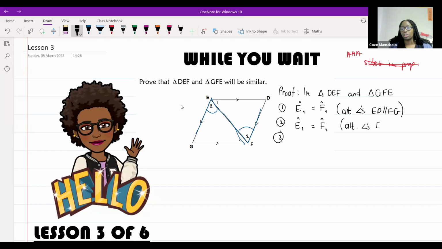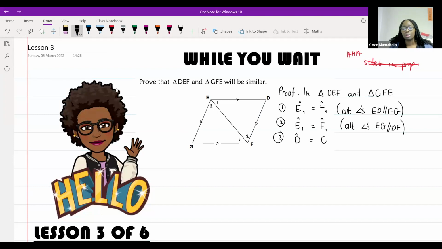And I'm going to have to name my parallel lines. So in this case, EG is parallel to DF, right? And we said in any two triangles, if two of the angles are equal to each other, we automatically know that the last pair of angles is going to be equal, because of the interior angles of a triangle. So I can then say that angle D is equal to angle G. Actually, I need to do that the other way around, otherwise my OCD is going to kick in.